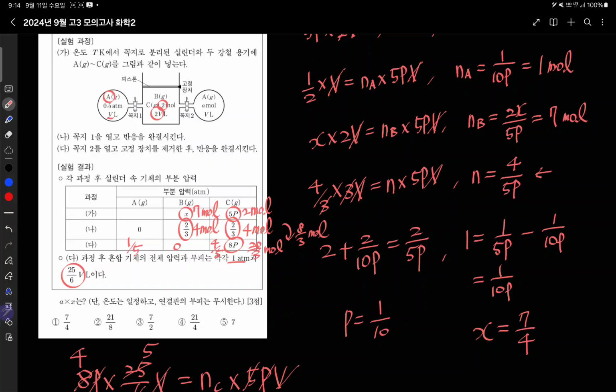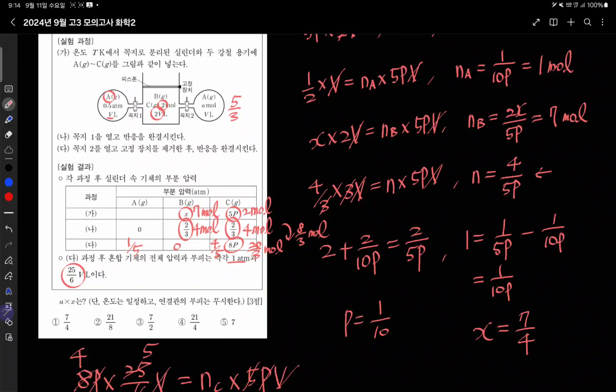And the ratio between the pressure is equal to the ratio in the molar ratio. So that means the amount of gas A is 1/4 of gas C. So gas A after the reaction is 5 over 3. 1/4 of 20 over 3 is 5 over 3.